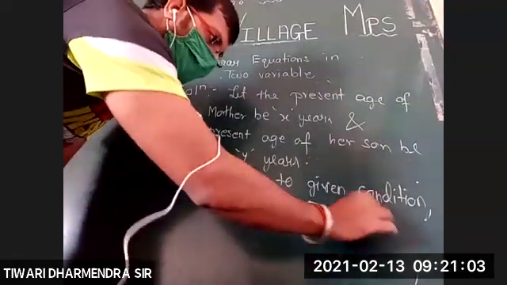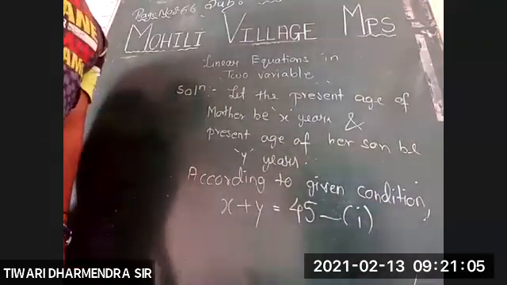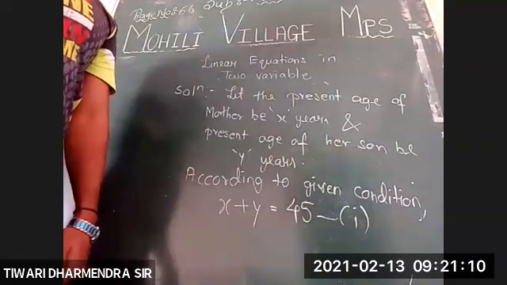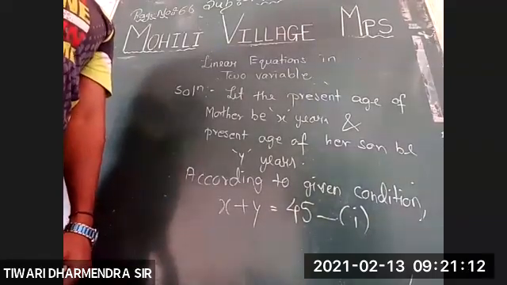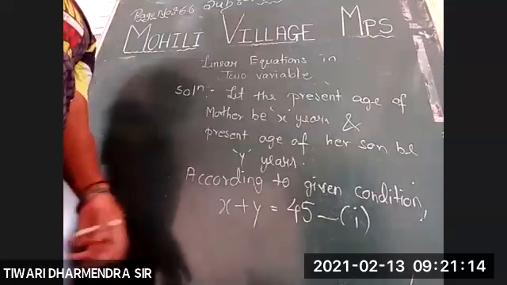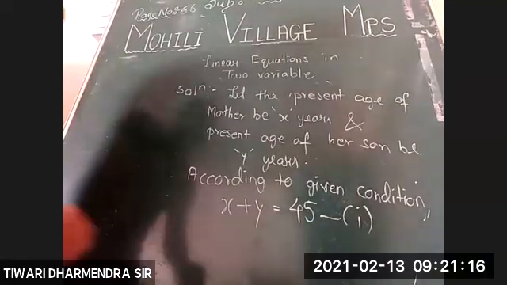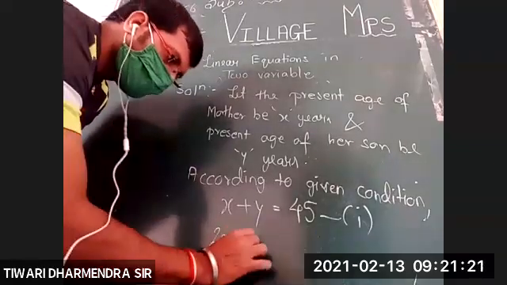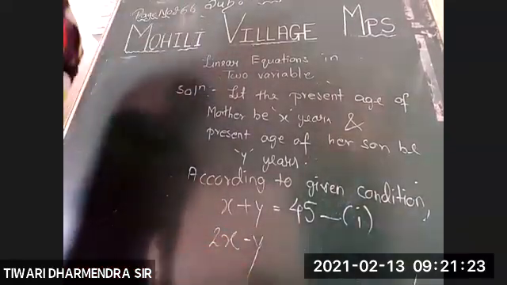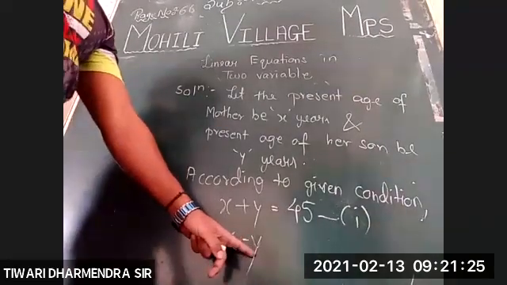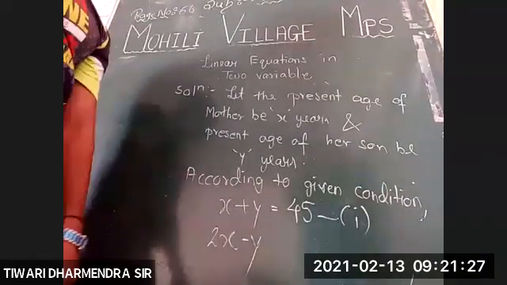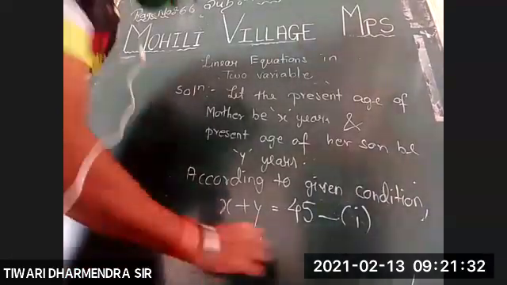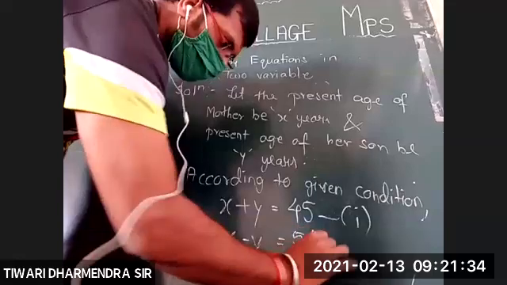This is equation number 1. Second condition is that son's age is subtracted from twice. What do you mean by twice? Twice means 2 times. So mother's age is X, so 2 times X. When son's present age Y is subtracted from twice the age of mother, we get the answer 54. This is my equation number 2.